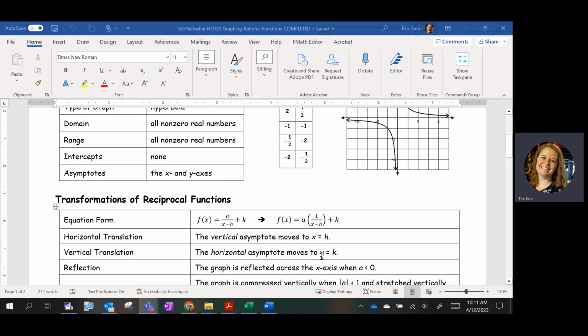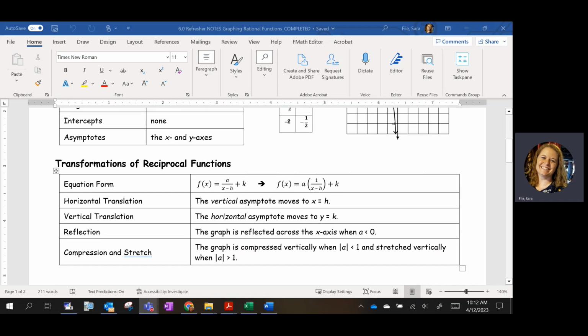So it's going to change the equation of that horizontal asymptote by whatever k is. Same thing with the vertical. The vertical asymptote is this vertical line at x equals 0. And if we shift our graph left or right, that asymptote is going to shift left or right with it. And so it's going to become x equals whatever that h value is. That's going to be the location of the new asymptote. Feel okay about that?